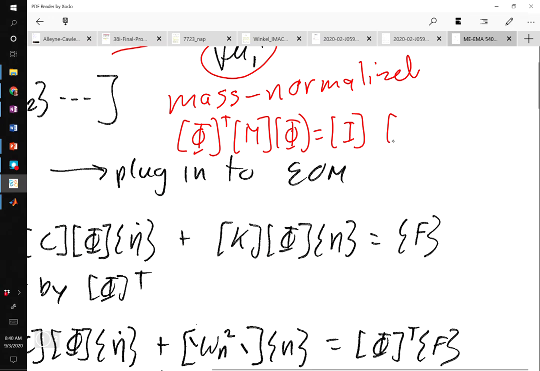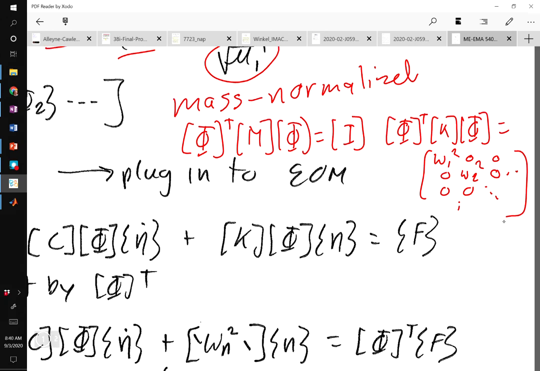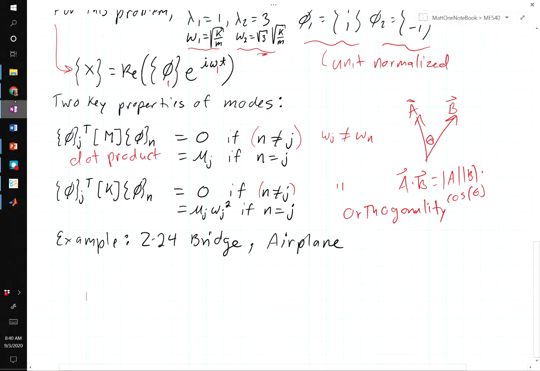And if we were to do the same thing with the stiffness matrix, what we get is a diagonal matrix with the natural frequencies squared on the diagonal, and everything else 0. So that simplifies things down a little bit. And again, that's all we're doing. If we take the simple orthogonality, we're just dividing through by that number, so that we get a 1 here and 1 times the natural frequency squared here.